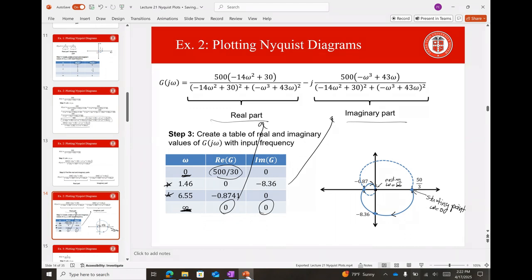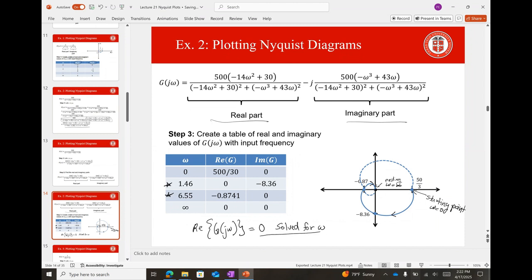There is a very strategic way to get these middle 2 points, and that's actually by fixing the real part of g of j omega. Suppose we fixed it to 0 and we solved for omega, and then we took that omega and we plugged it into the imaginary part of g of j omega.